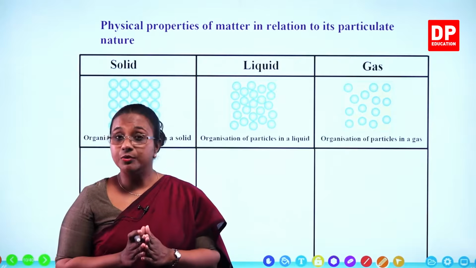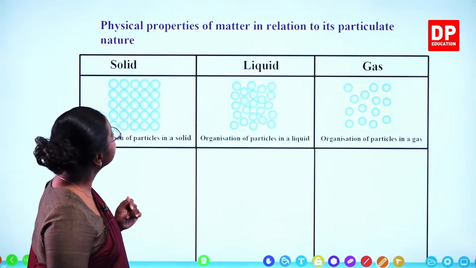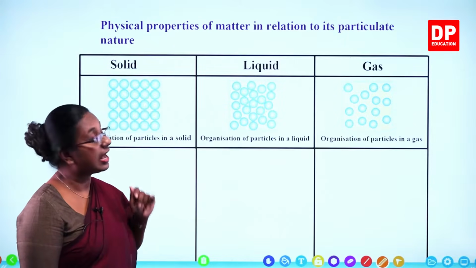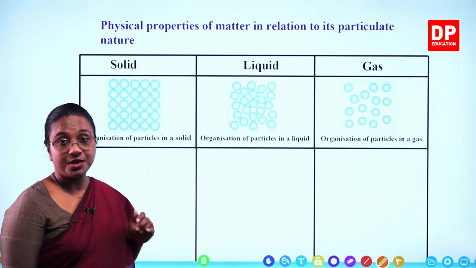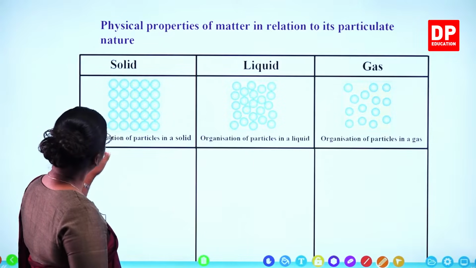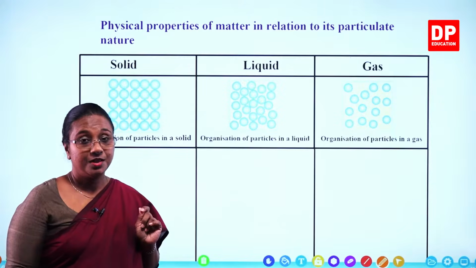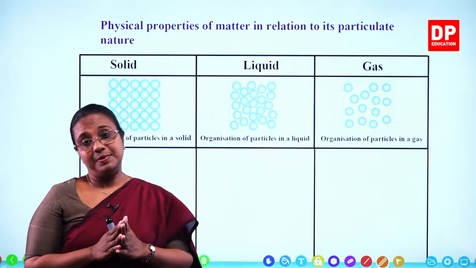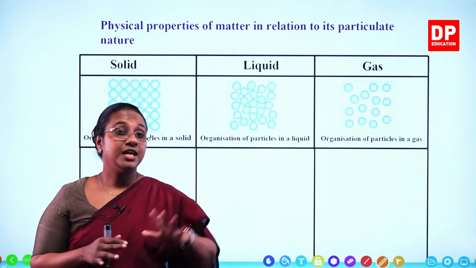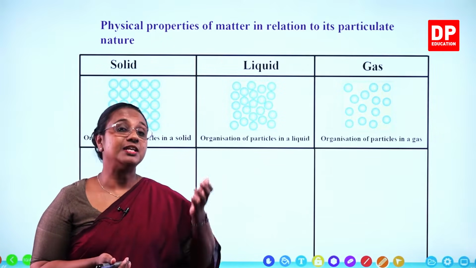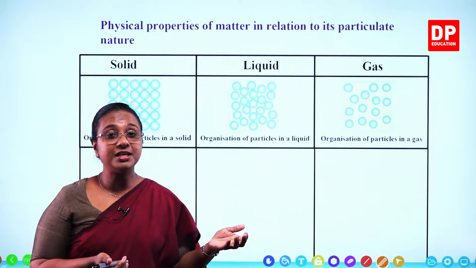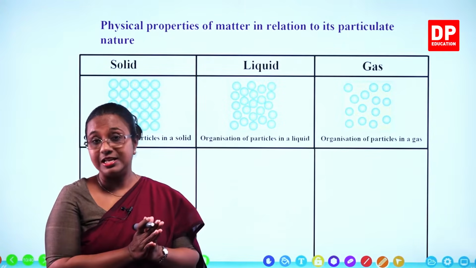So now we are going to relate the physical properties of matter to their particulate nature. So under that we need to discuss the solids, liquid and gaseous state. Think of some examples in your day-to-day life. If we take an ice cube, that is also made up of water particles, but it is in the solid state.